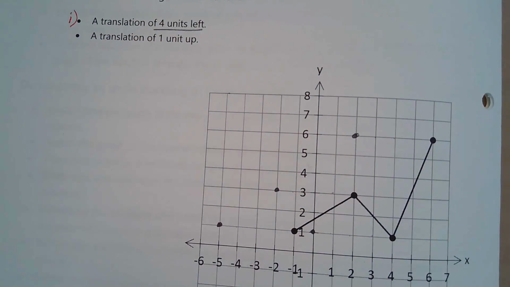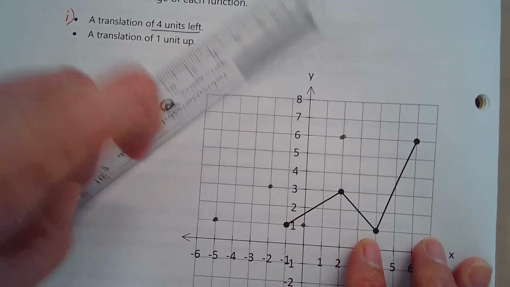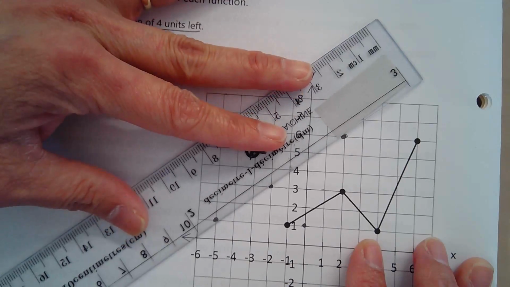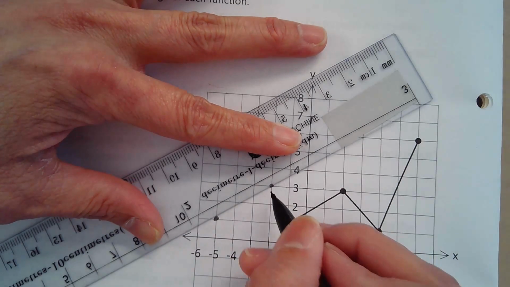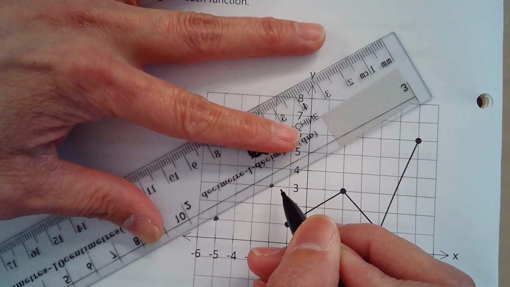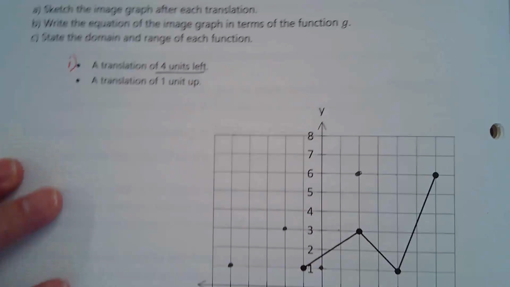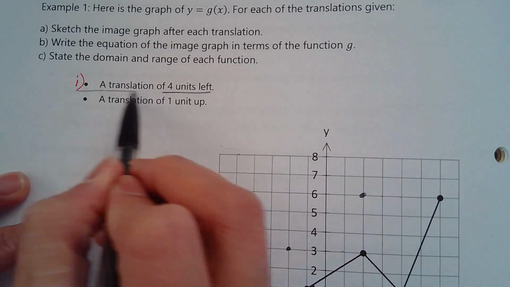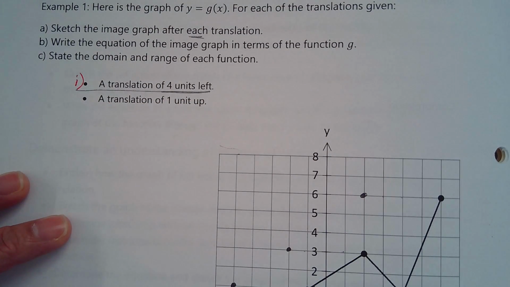Okay. So what's the new image? What was that? We only did the left translation. Yeah, we're going to do it for this one here. We're going to do it individually, not together yet.